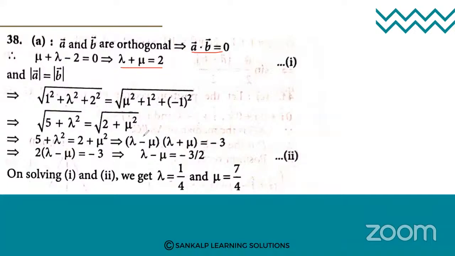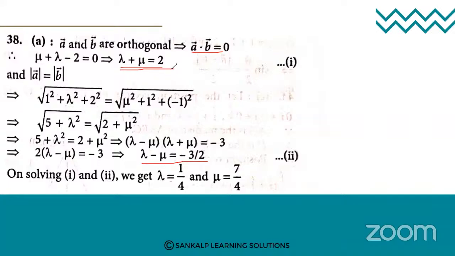When we simplify, we get 2 into (lambda minus mu) is equal to minus 3, or lambda minus mu will be equal to minus 3 by 2. So we are getting lambda minus mu as minus 3 by 2, and the first condition we got is lambda plus mu is equal to 2.